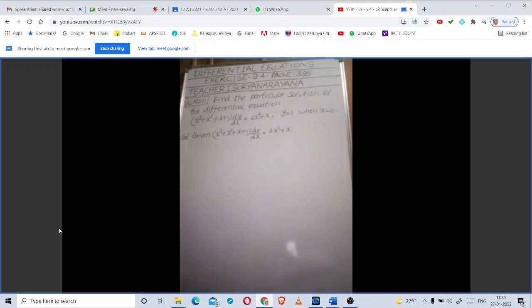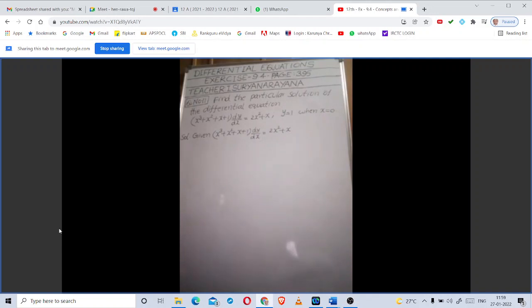This is just a little bit of extension to the previous method. First of all, here also we have to find the general solution of this given differential equation. In that general solution, we have to substitute y is equal to 1 and x is equal to 0. Then we get the value of c.